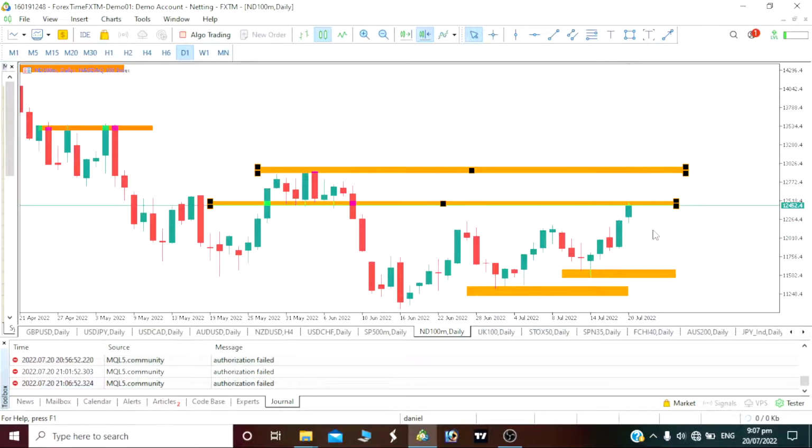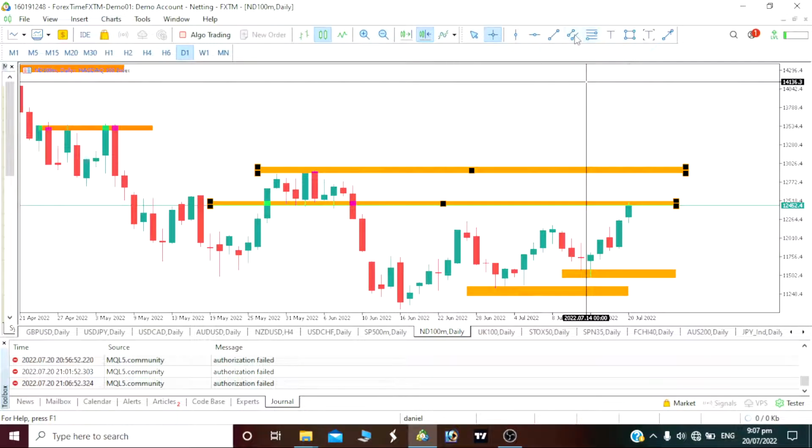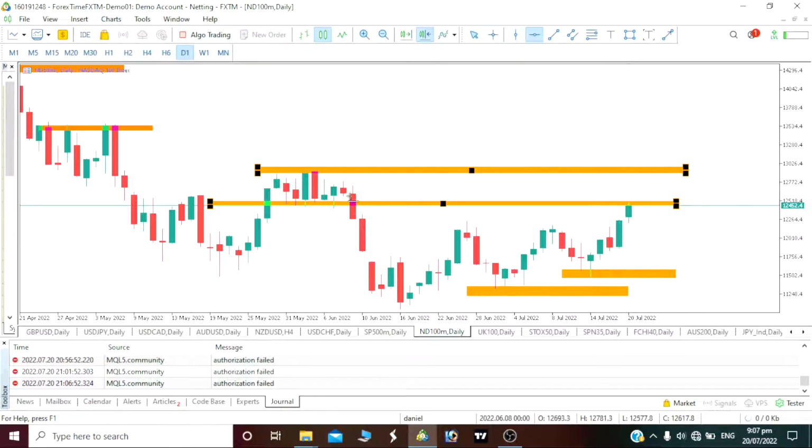Once our market opens and we see a breakout, maybe around 12557, let me highlight it well, let's say 12557, we can see it highlighted.